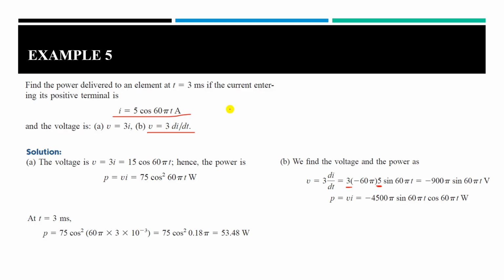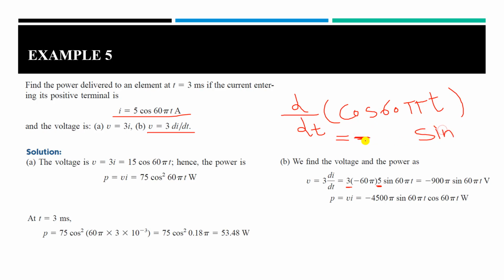Okay. Then we need the d over dt, or the derivative of cosine 60 pi t. So the derivative of cosine is negative sine.